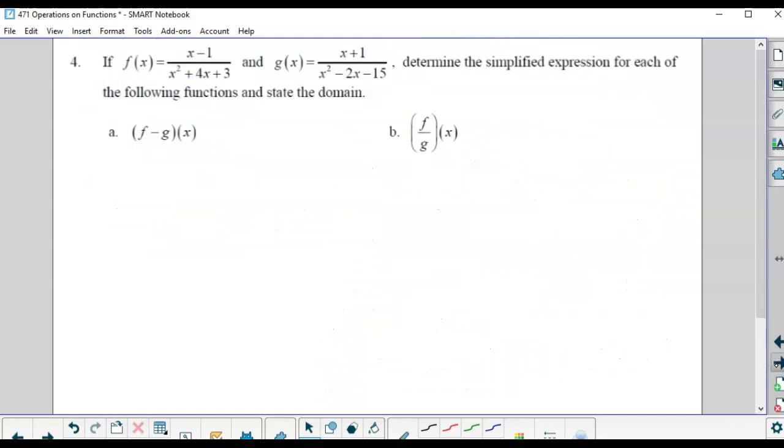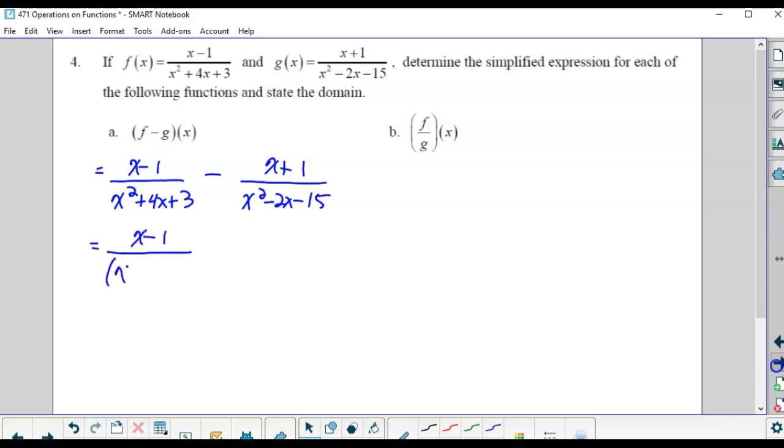Now, rationals, again, doing the same type of thing. So simplified expression and then state the domain. So f is (x minus 1) over (x squared plus 4x plus 3) minus (x plus 1) over (x squared minus 2x minus 15).